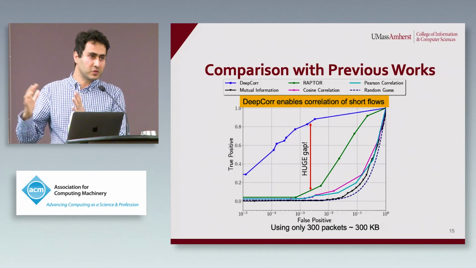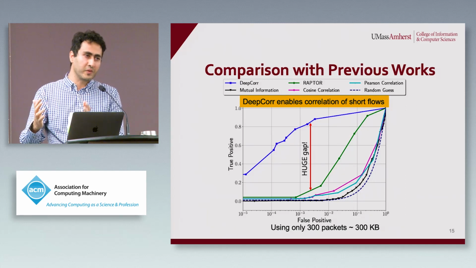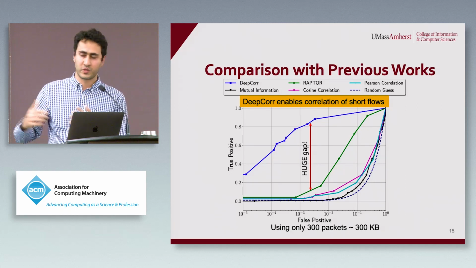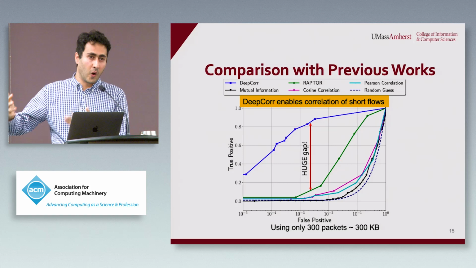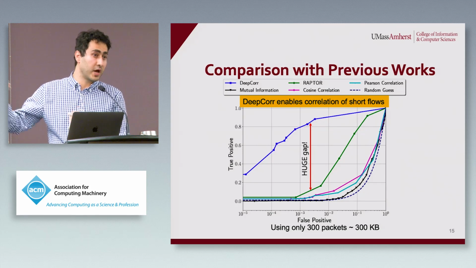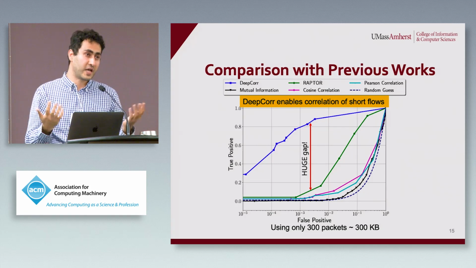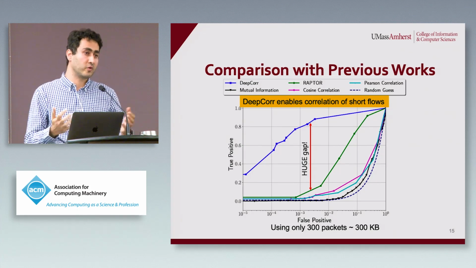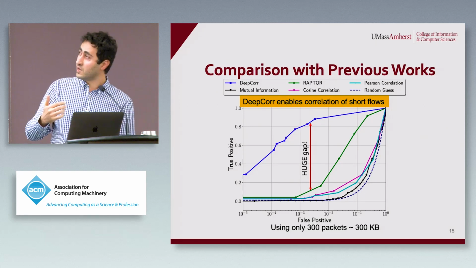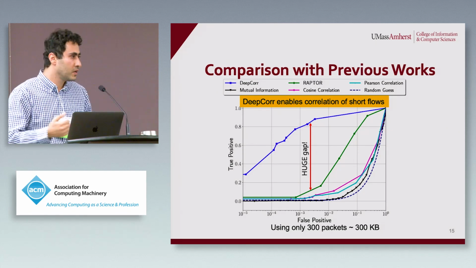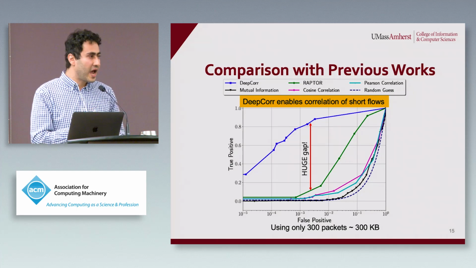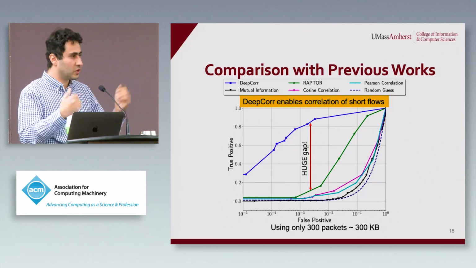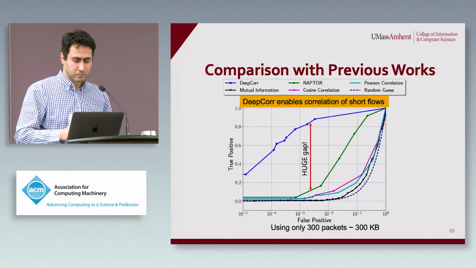But when we only capture as few as 300 packets, DeepCorr is the only one able to perform a reliable flow correlation. It makes the job of flow correlation adversaries much easier, because now they can achieve very good accuracies by observing much smaller lengths of flows, right?